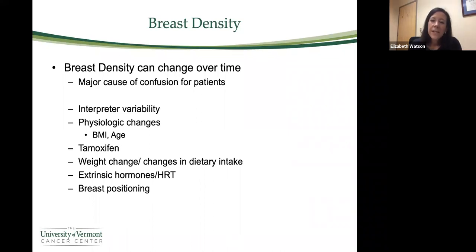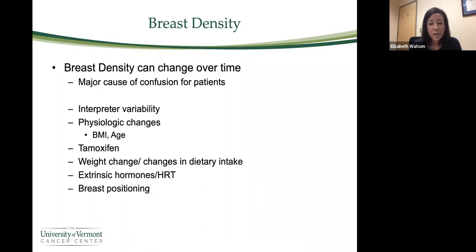We also know that physiologic changes can cause changes in breast density. So things like body mass index, which obviously can change from year to year. Age, as a patient ages, their breasts tend to involute or become more fatty with less tissue. We also know that hormonally driven medications such as tamoxifen or extrinsic hormones or hormone replacement therapy can certainly change the density that we see in the breasts.